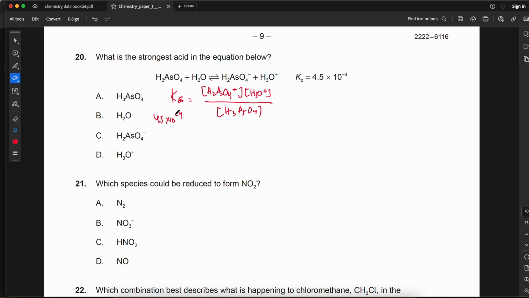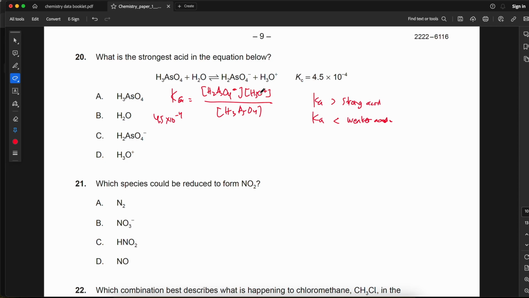If Ka is relatively large, the acid will dissociate more completely. So if Ka is big, the acid tends to dissociate more completely, meaning it is a strong acid. If Ka is small, it dissociates less, so it is a weaker acid.